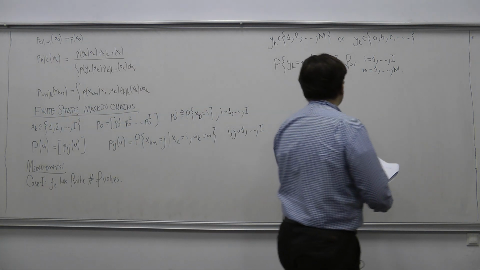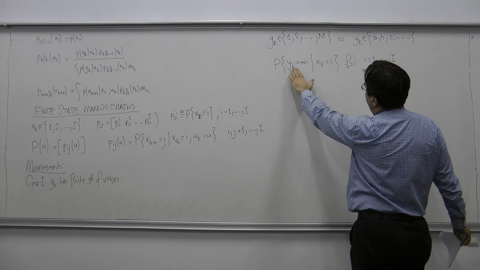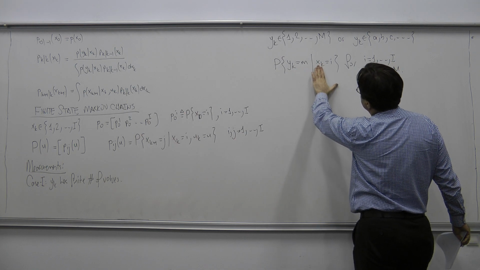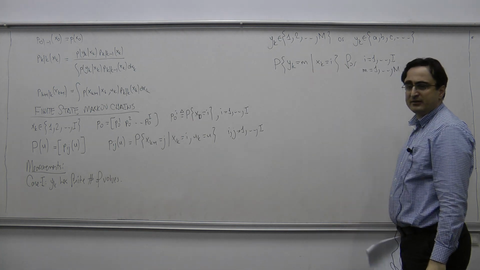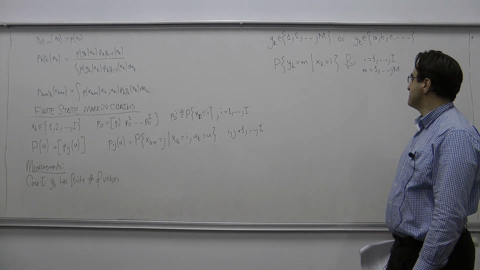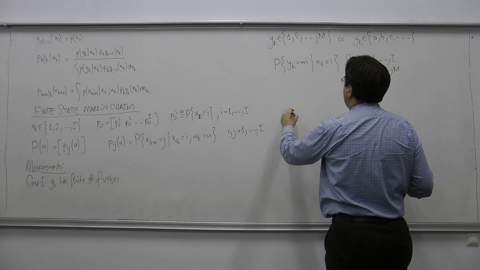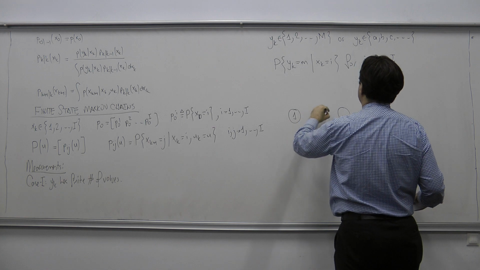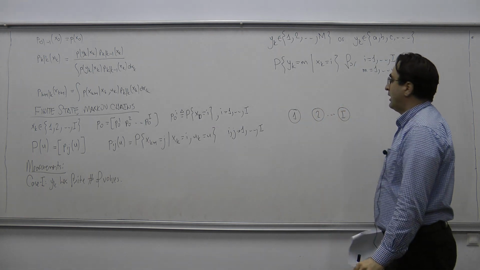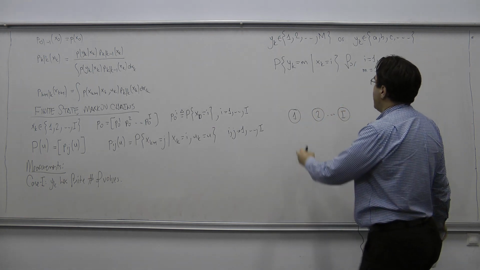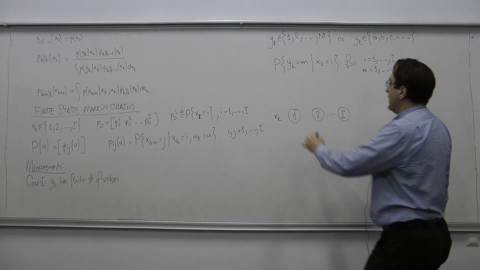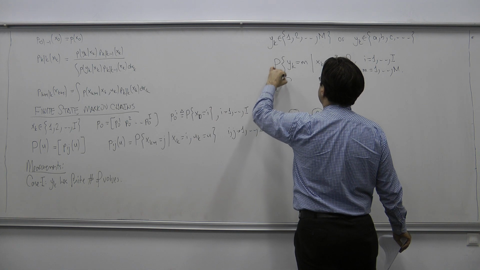So these are the probability that the output takes the value m given that the state is at the ith state. Here I have the Markov chain states, 1, 2 going until I, and this part shows xk, and I have the outputs yk.